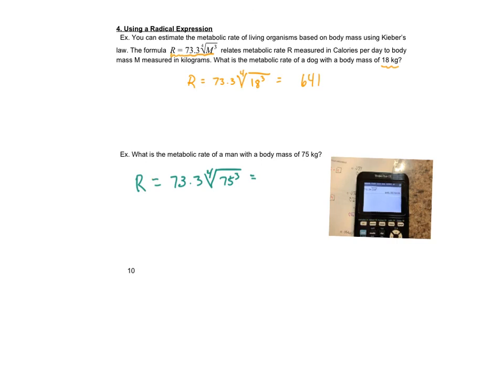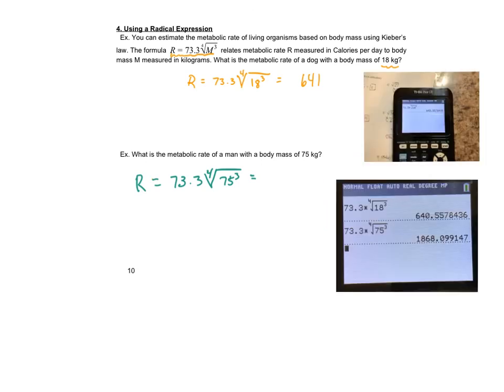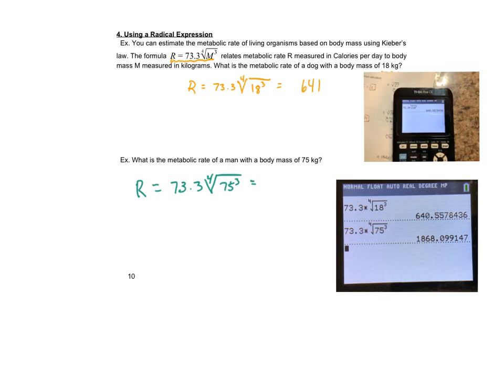So again, using your calculator, it's going to be 1,868.09. Rounding to the whole calorie, we would have 1,868 calories per day. So there you have it, using the calculator to solve some of those roots, and this being one of those key tools that the calculator is going to allow us to do.